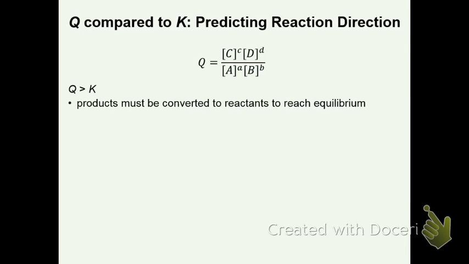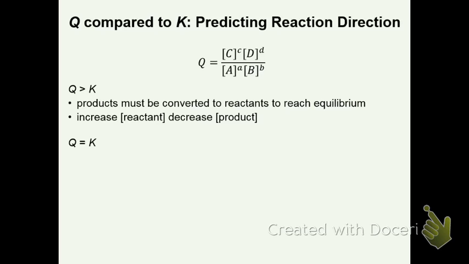And so in order to reach equilibrium, we need to get rid of some of those products by converting them to reactants. So when Q is greater than K, we increase the concentration of reactants and decrease the concentration of products via the reverse reaction.